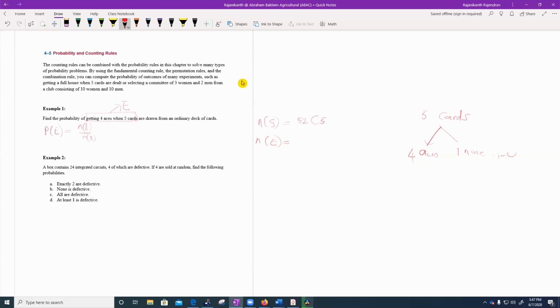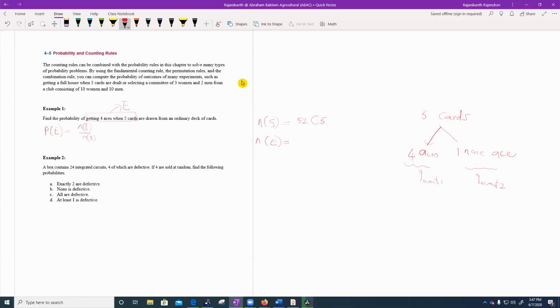So when you draw 5 cards, you are basically doing two things. First, you could think of this as event 1, choosing the aces. The choosing of the non-ace is maybe event 2. Now ask yourself in how many different ways this could be done, choosing 4 aces and 1 non-ace, right?